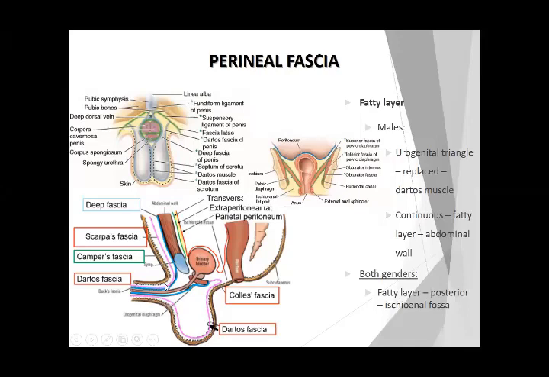It is the membranous layer on the inside of the dartus muscle. Dartus muscle, then it will continue as the campus fascia, fatty layer of the anterior abdominal wall. And please note, this becomes the membranous layer, the scarpa's fascia. So this pink is the dartus fascia.